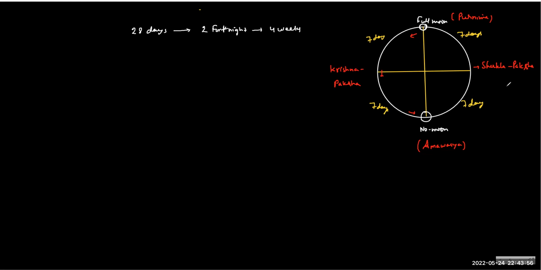Again, you can say it's the measurement of duration. So the entire month will have two paksha. When you see the full moon, till you see some brightness of the moon in the sky, you're in the Krishna Paksha.